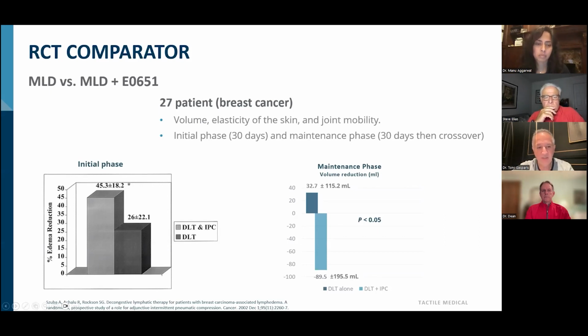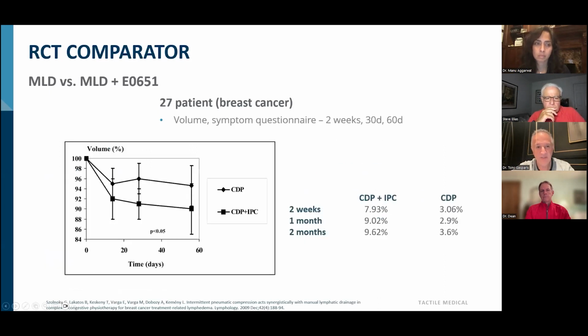And you can see the reduction in edema is significantly higher by adding a pump compared to just MLD alone. There's another paper, again, similar patient population, small number of patients, again comparing MLD to MLD plus simple pump, and you can see a much greater reduction in volume at 2 weeks, 30 days, and 60 days compared to MLD alone.